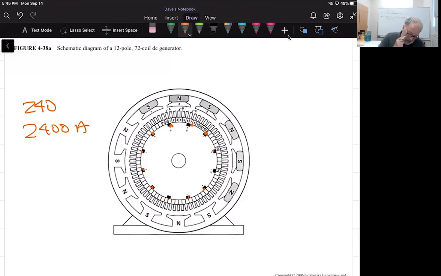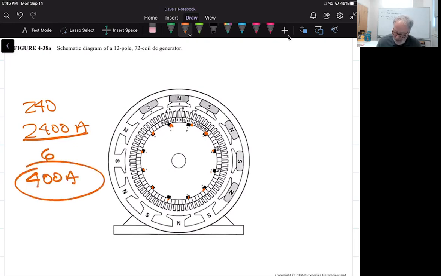Okay, so the current per brush set would be 2400 divided by 6, or 400 amps. And that's not a hard thing, it's just understanding the construction scheme. And then the other thing, he says, is the current flowing in each coil.